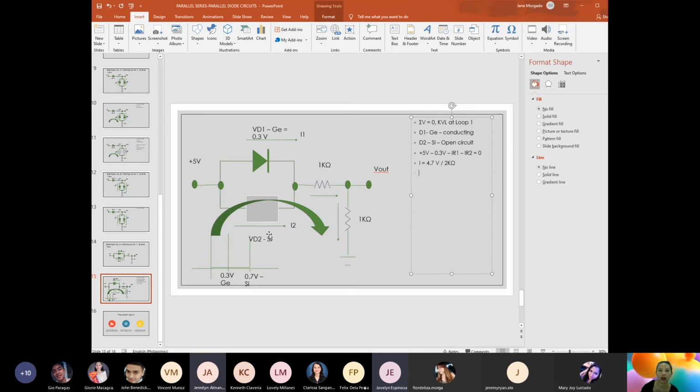Current. So that's why we factor out the current here. So I is equal to 4.7 divided by 2K, which is 2.35 milliampere.